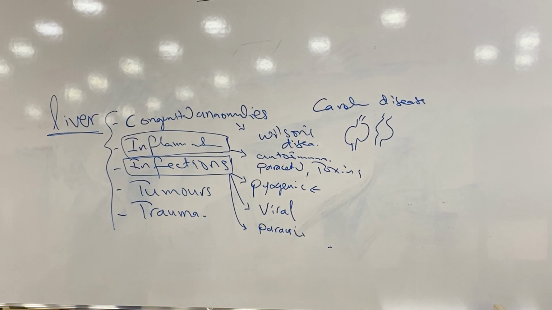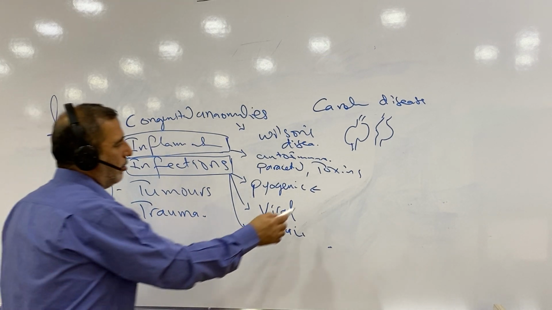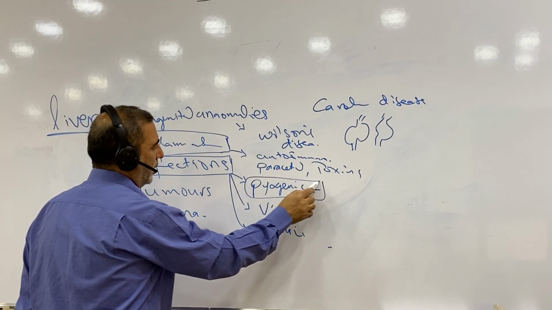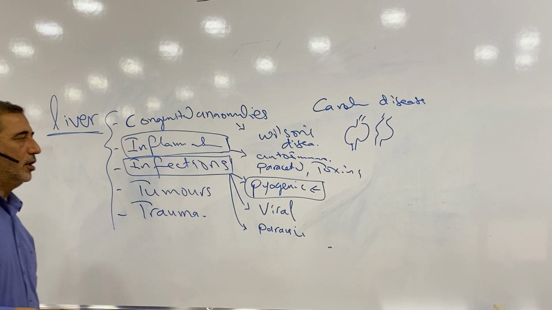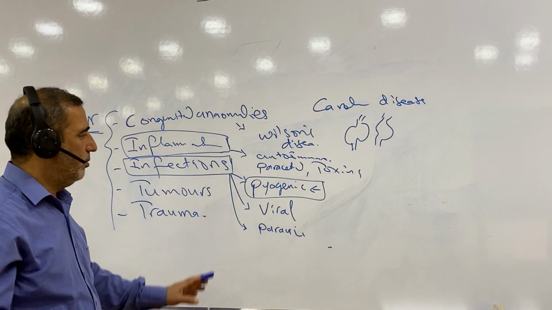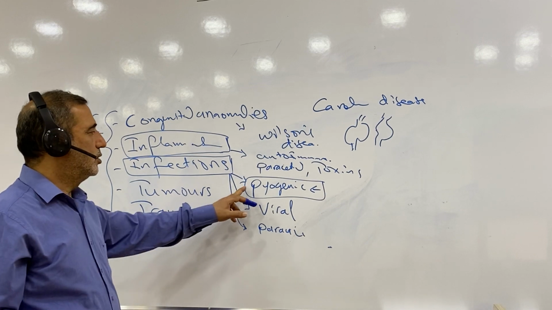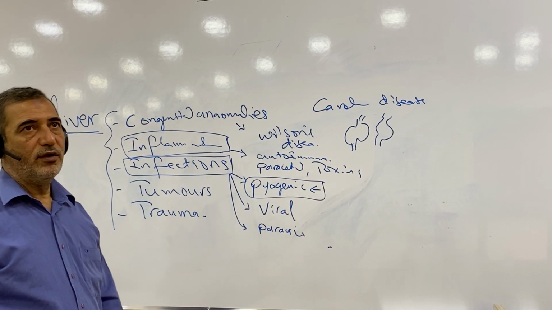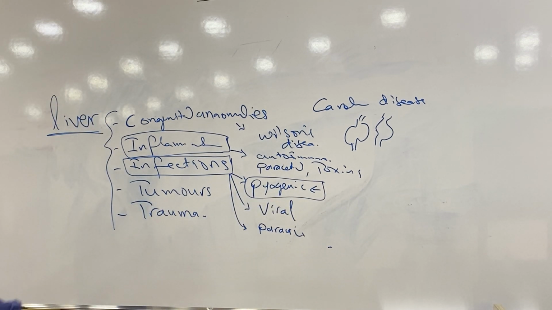Pyogenic or bacterial liver affection by streptococci, by E. coli, can lead to liver abscesses. Most of these pyogenic infections ascend from the biliary tree.